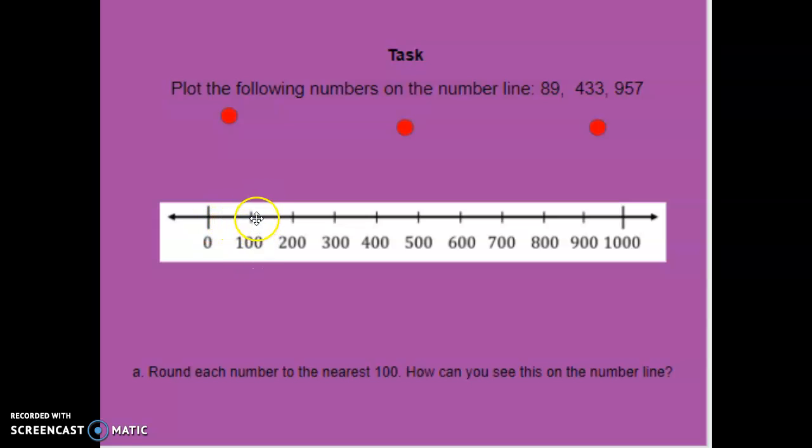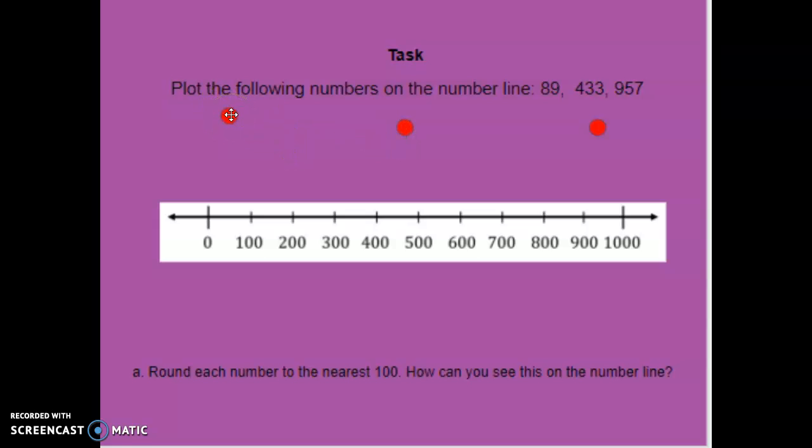At this point, and yesterday I had a student that pointed it out, in between each number, right smack dab in the middle, is a 50. So in this case, we have 0, a 50 right in the middle, and then 100. Here we have 150, and then 200. 250, 300. So as we look at that, we're going to use that benchmark number to let us know where to place these on the number line.